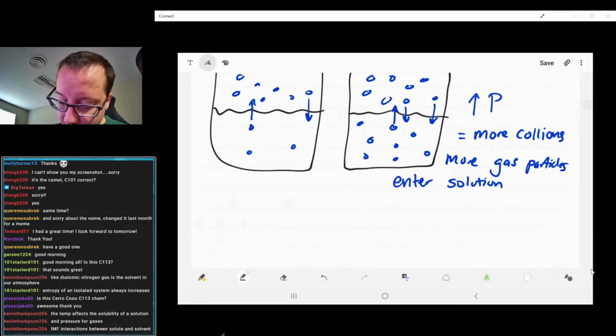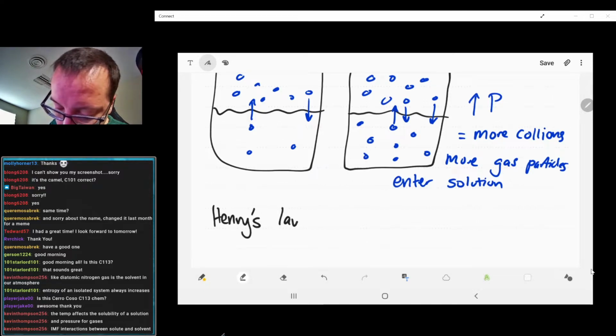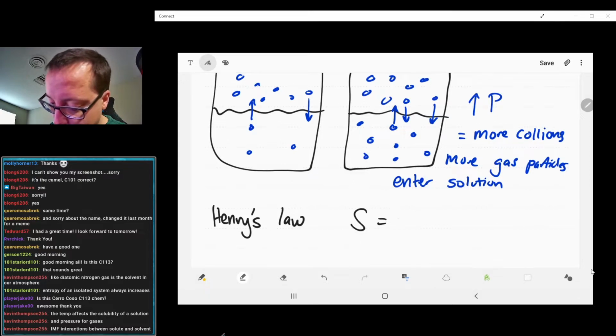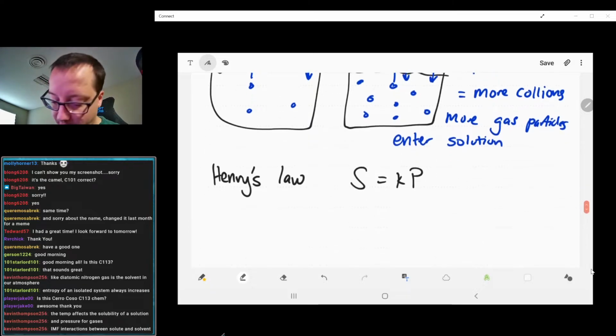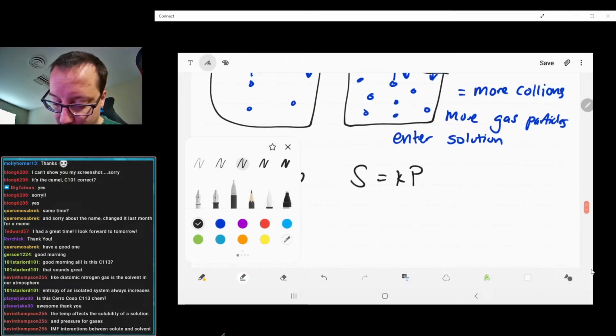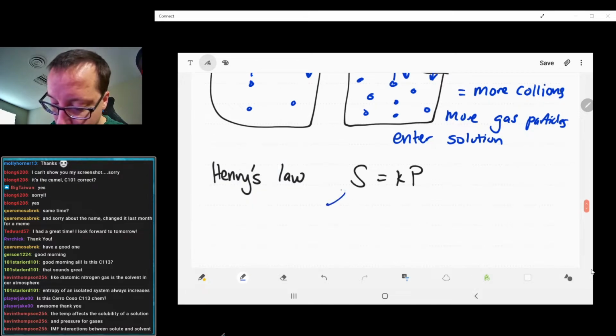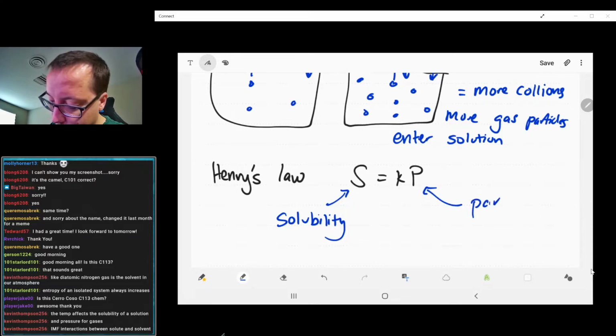So we can do that. This is a fun thing called Henry's Law, which shows us that the solubility is related to the pressure via a constant. This is probably not an equation we're ever going to do anything with, but here it is anyway. This is the pressure.